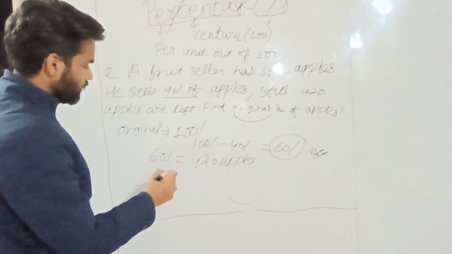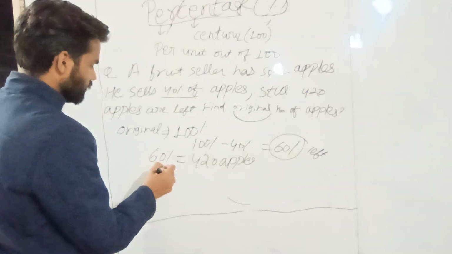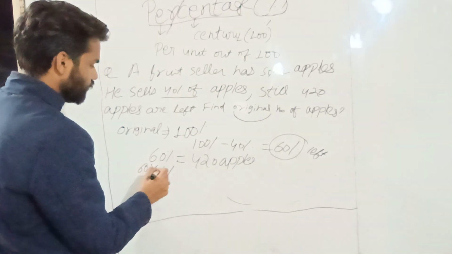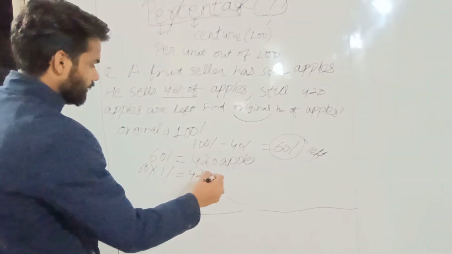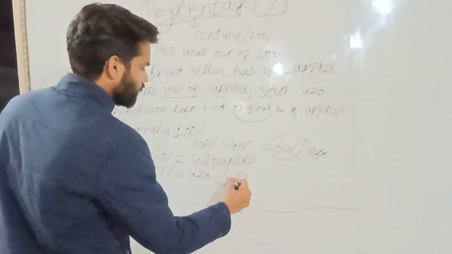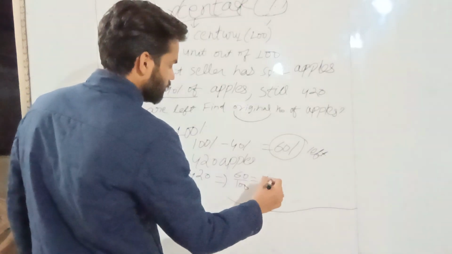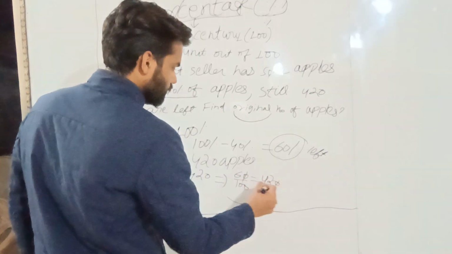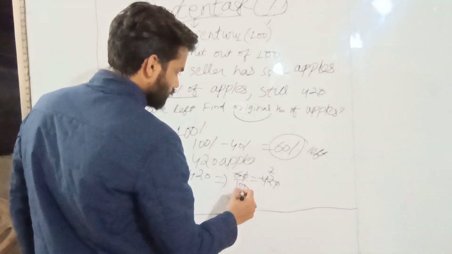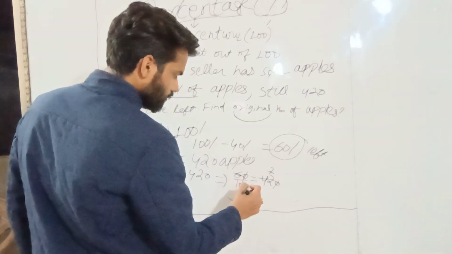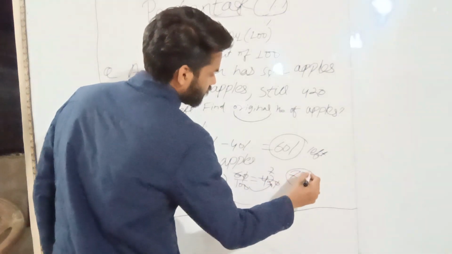We can write as 60 into 1% is equals to 420. And this can be written as 60 into 60 upon 100 is equals to 420. So cross multiply it here. We will get 700 apples.